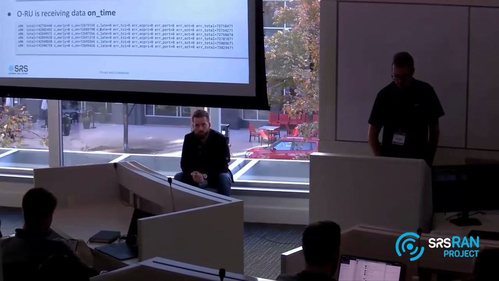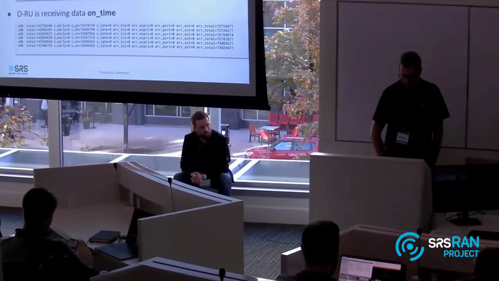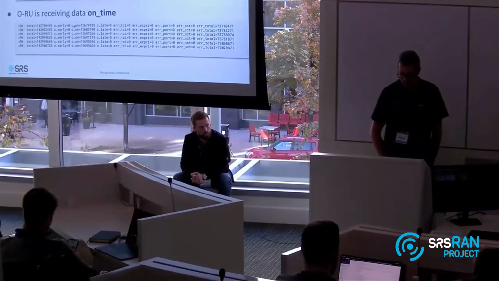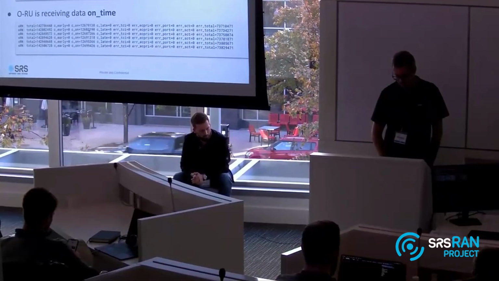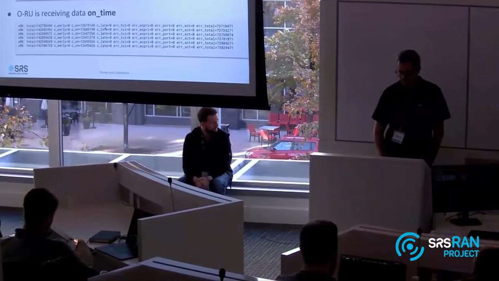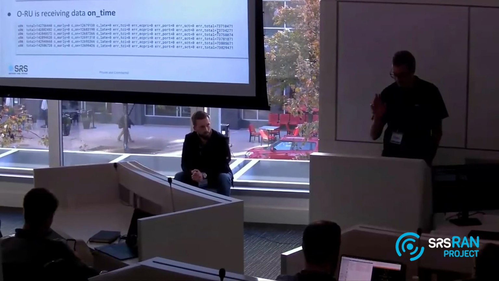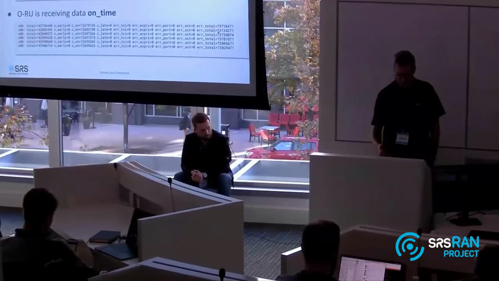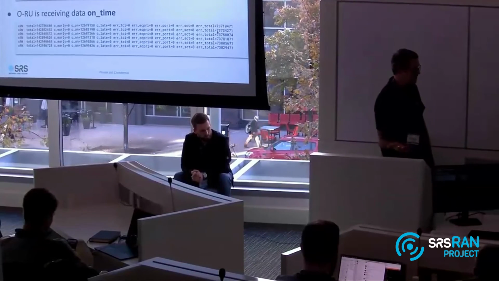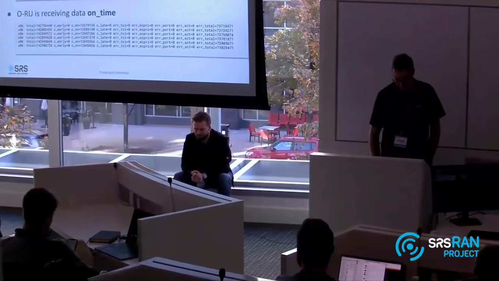This log, for instance, is from the Foxconn RU. You want to see that the control plane on-time messages increase, and there are no lates and no errors. In this case, ignore this error total, because it's actually counting correct packets, no? They're user plane packets, it's just a misleading log line.